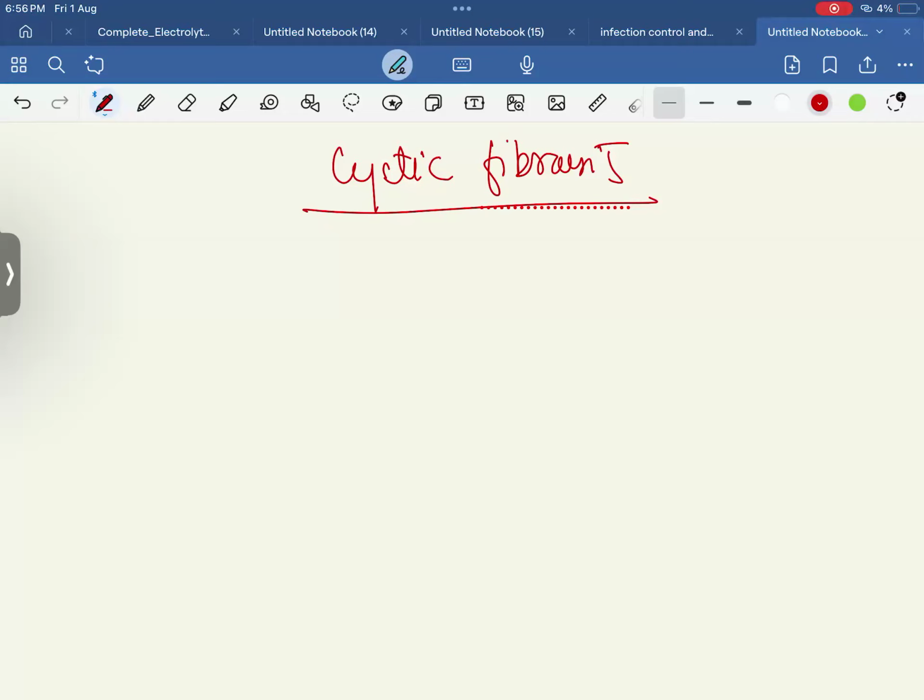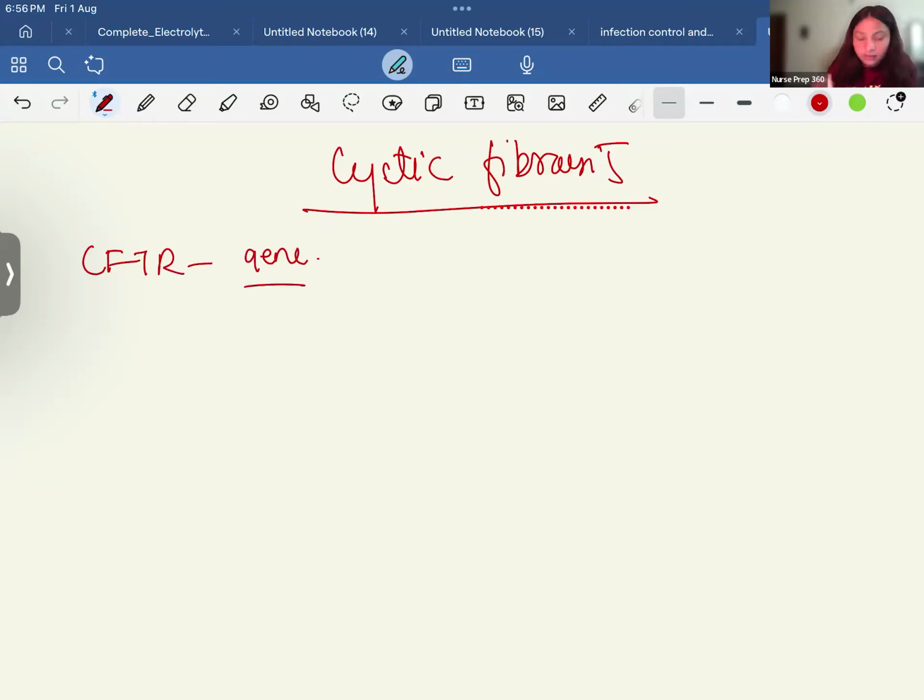This is the CFTR gene. This gene is responsible for making a protein which balances your chloride in your body.